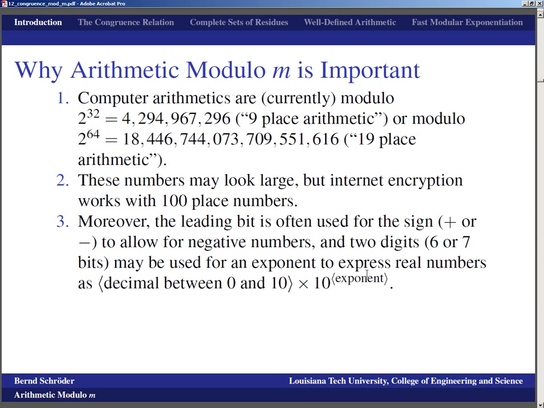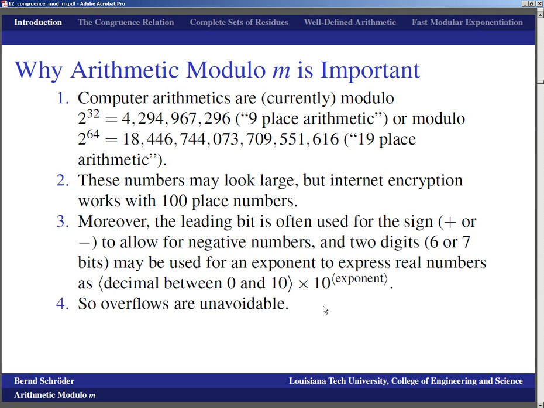And 6 or 7 bits may also be used for an exponent, so we can express real numbers in, I guess that's called scientific notation. Well, no, scientific notation is where the exponents go with multiples of 3, I think, but basically in that we would express numbers in base 10 notation, where we take a decimal between 0 and 10 and multiply that with 10 raised to the appropriate exponent.